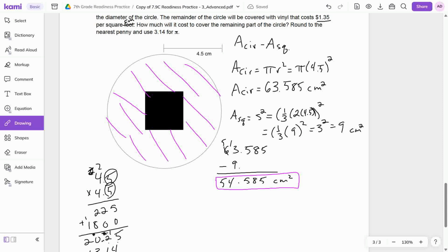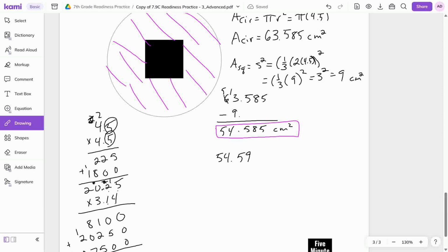We are going to multiply the 54.59 by $1.35 per square centimeter. So we are going to just multiply, and then we're going to end up rounding our answer to the nearest penny, which would end up being the hundredths place.